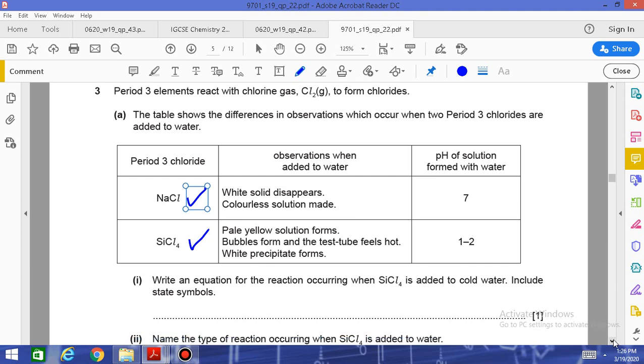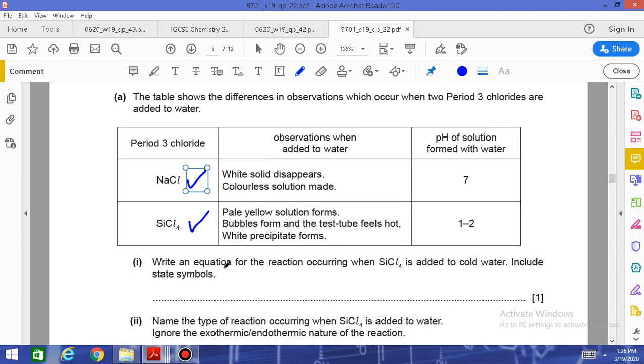Write an equation for the reaction occurring when silicon tetrachloride is added to cold water. Include state symbols. You have to memorize the equation.